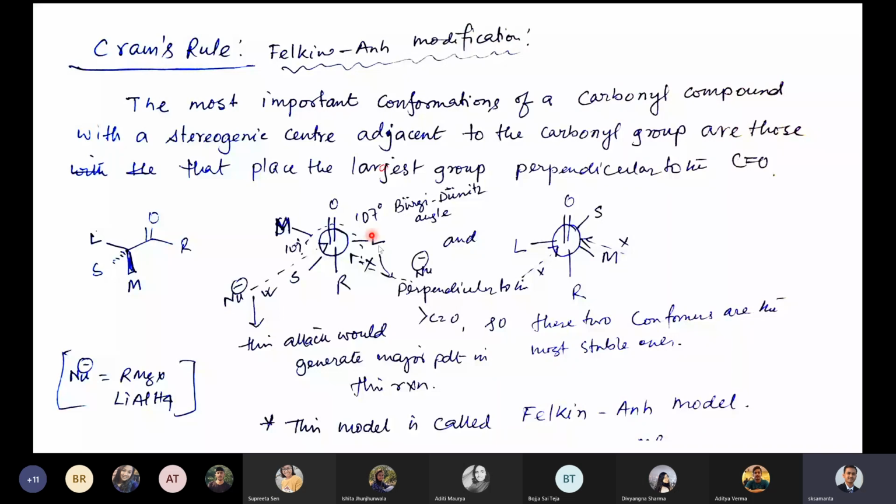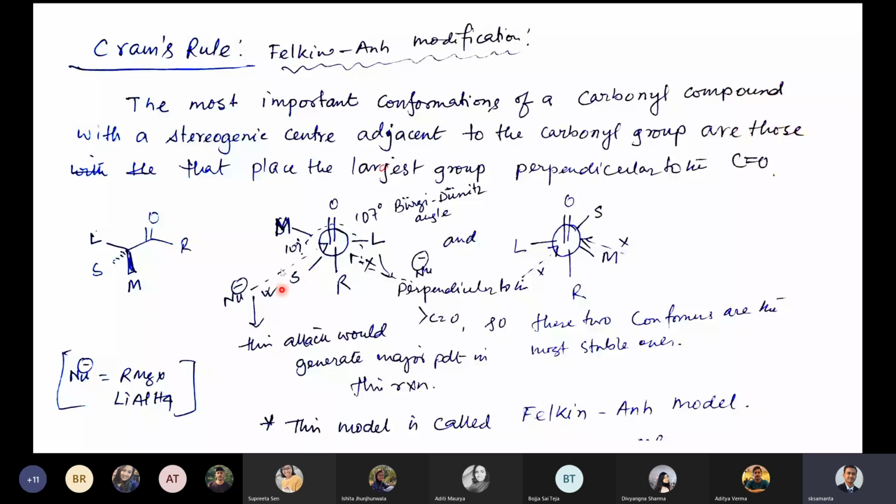Now, if it is perpendicular, there could be one small here, medium here. This is one conformation. L could be on the other side. This is another conformation. Now you have the possibility of nucleophilic attack from this direction or from this direction. Attack from this direction will be favorable because you have less steric interaction, with the smallest group.